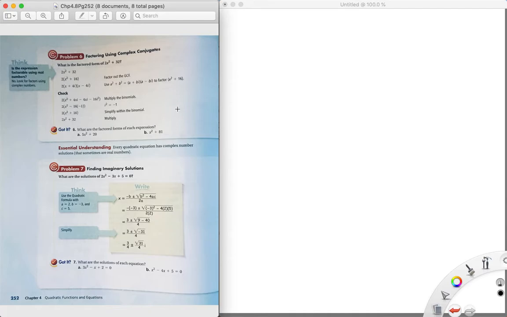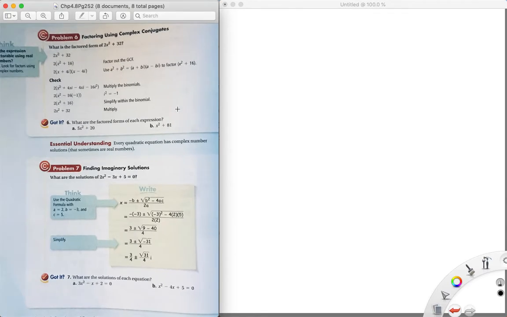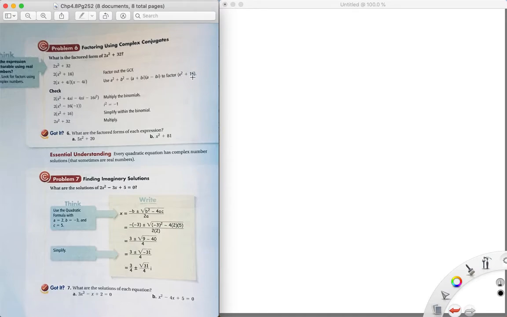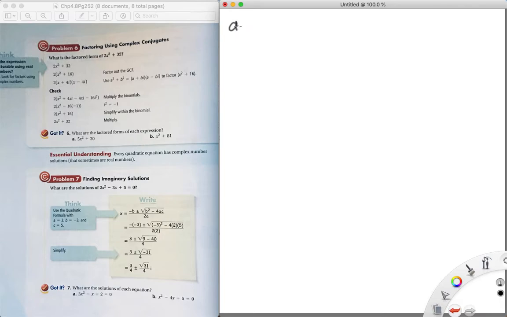So for this one, we have 5x squared plus 20. I can factor out the 5, and I can say 5 times x squared plus 4.